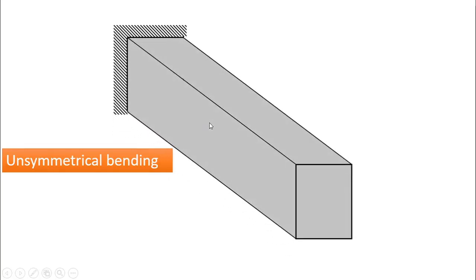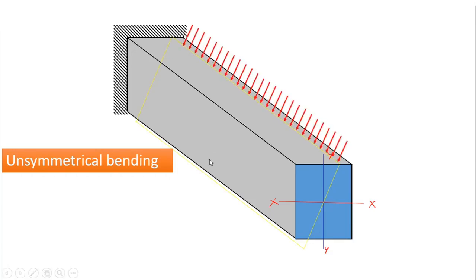Now what is unsymmetrical bending? Take the same beam. Now this is your central x-axis, the central y-axis. Let us say this is an inclined plane, this is the plane of loading. Let us say you are applying a load at an inclination theta.